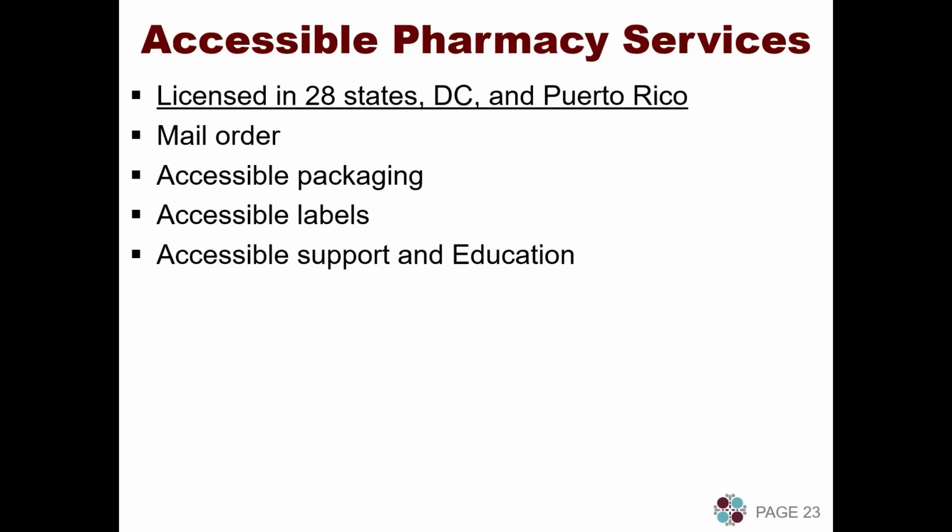Again, we have a link on our resource list. Their team of folks talk to the individual to find out what their needs are. They'll talk to them about insurance coverage, they'll talk to them about labeling and packaging options, and it does not just have to be one option. Somebody may use a combination of options.